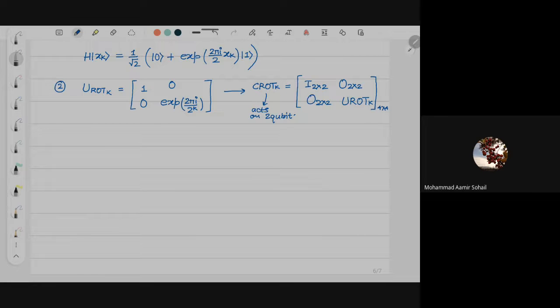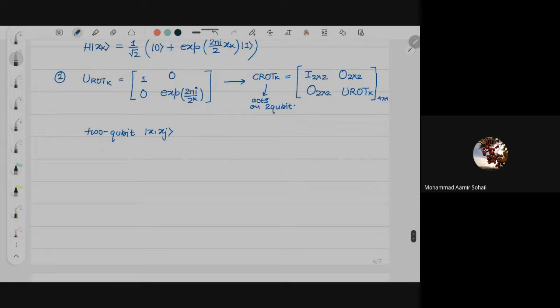So let's see how this rotation works. Let's say we have this C rotation, and it acts on the kth qubit. And let's say we have a 2 qubit state. So let's consider our 2 qubit state is xi xj. If we consider C rotation acting on xi xj, two cases will be here.